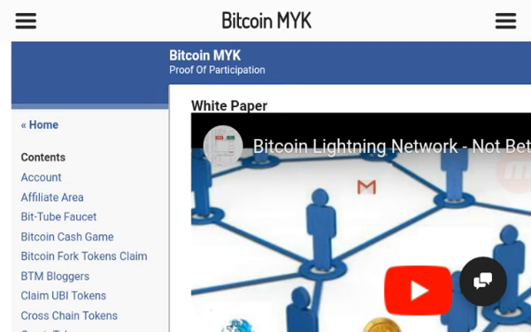Well, what happens in many Bitcoin forks is that tokens don't get claimed, whether the accounts are no longer active, or people have lost passwords. Whatever the case is, this goes back into circulation, and those tokens get distributed according to the proof of participation model.